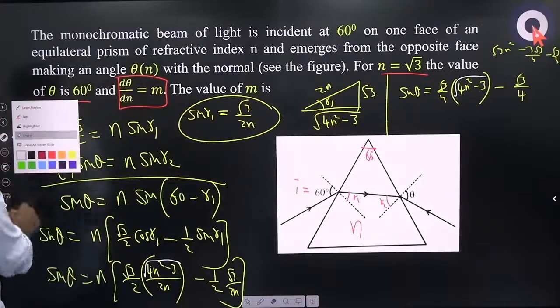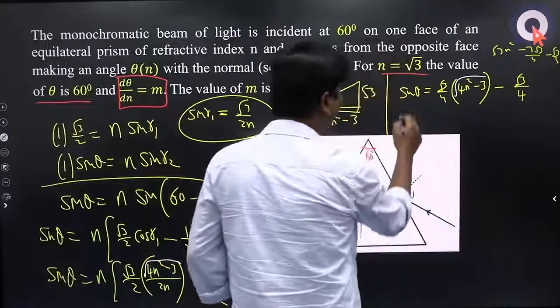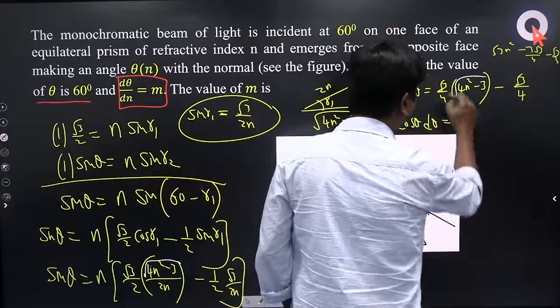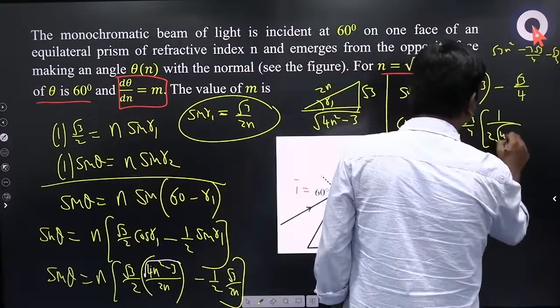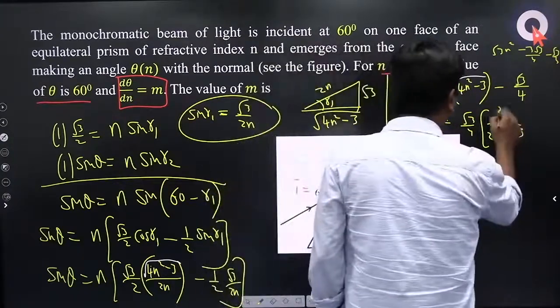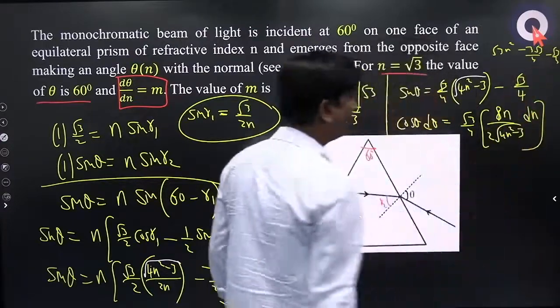Now try to simplify again. Cos theta into d theta is equal to root 3 by 4 into root of 4n square minus 3, which gives 1 by 2 root of 4n square minus 3 into d of 4n square, which is 8n, into dn. And d of this constant is anyway 0.